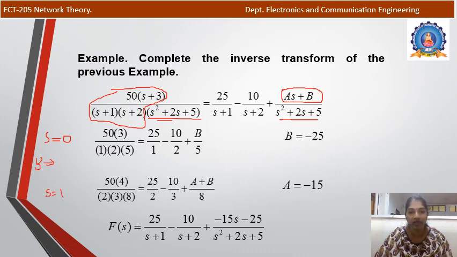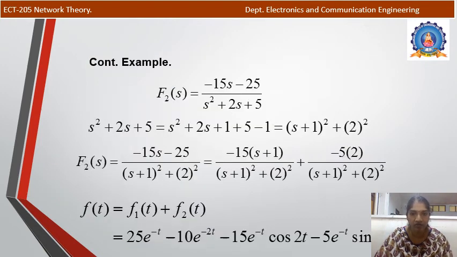So we get a and b, and we get the final expression as this. From this we can find the inverse Laplace transform. You go through the video and try to solve these examples, and if you have any doubt we can discuss it in the comments.